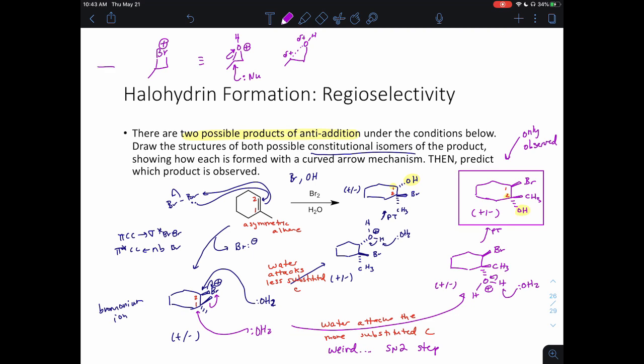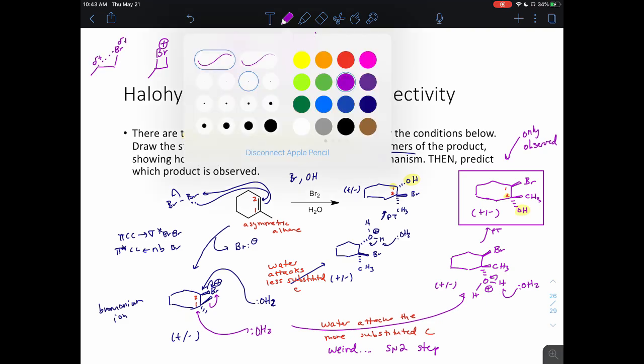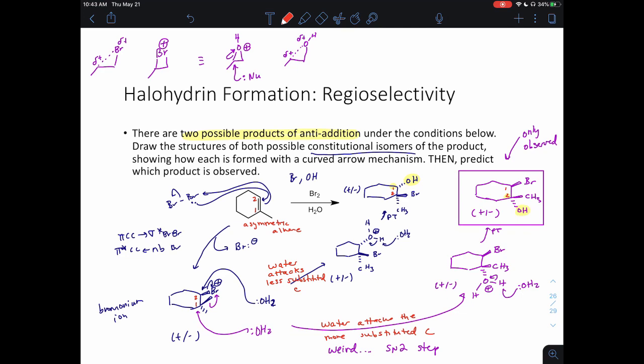And that's the same for the bromonium ion. So for the bromonium ion, the more substituted carbon of the alkene that is now bonded to bromine shares the charge with the heteroatom. And neutral nucleophiles like water are just attracted to charge.